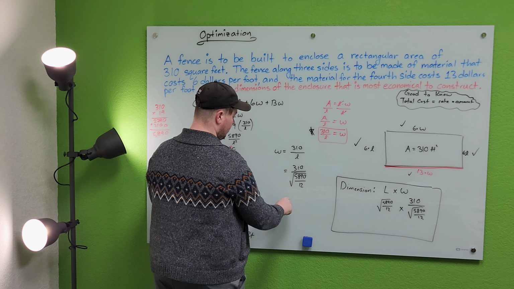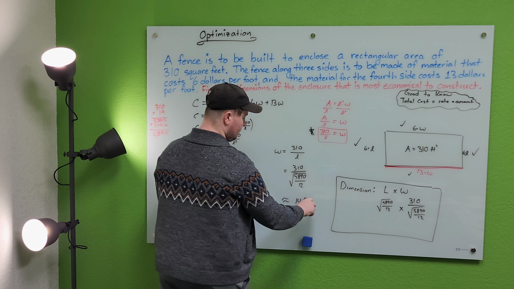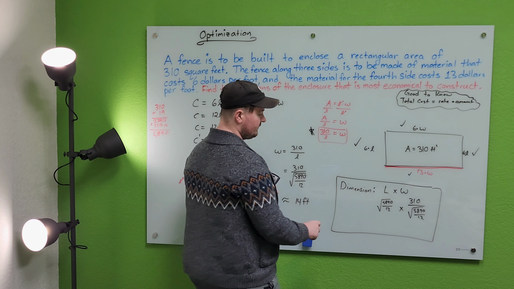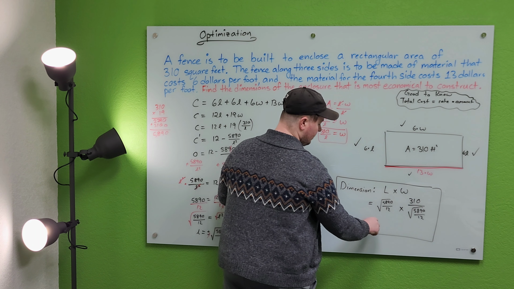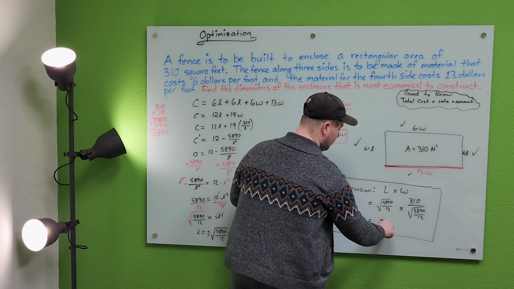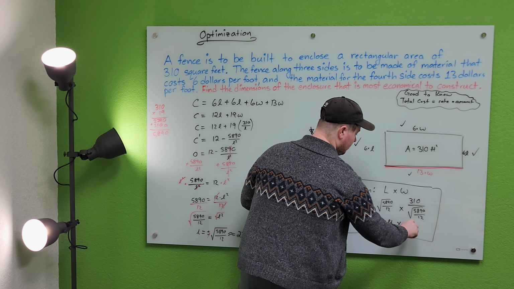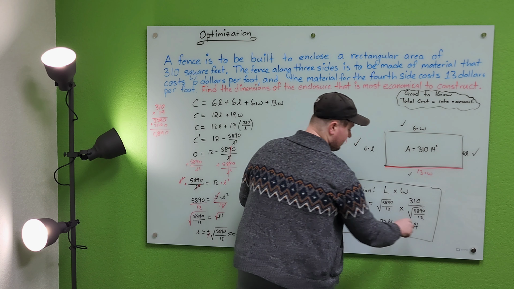So this is going to be approximately 14 feet. So if you were taking approximate answers where you round to the nearest foot, you would have 22 feet by 14 feet as a final answer.